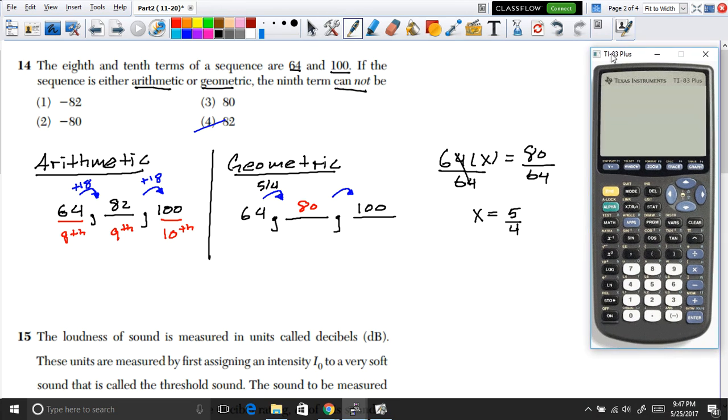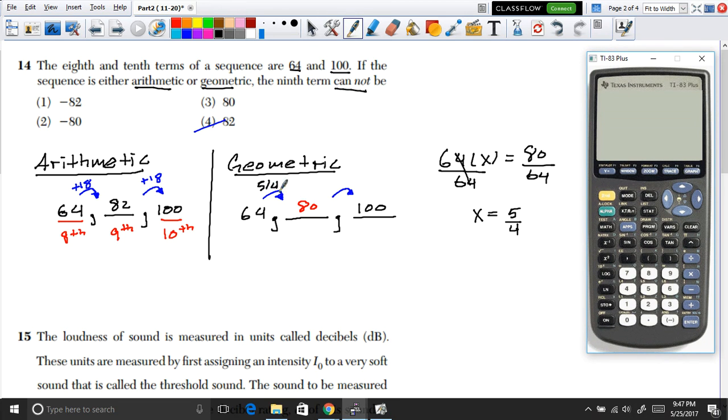Now let's double check that if we go 80 times 5/4, let's see if that gives us 100 still. Oh, good. So that's 100. Perfect. So that means that yes, our 9th term is 80. And again, we took a guess, but we can see that 80 can be our 9th term. So it cannot be option 2.